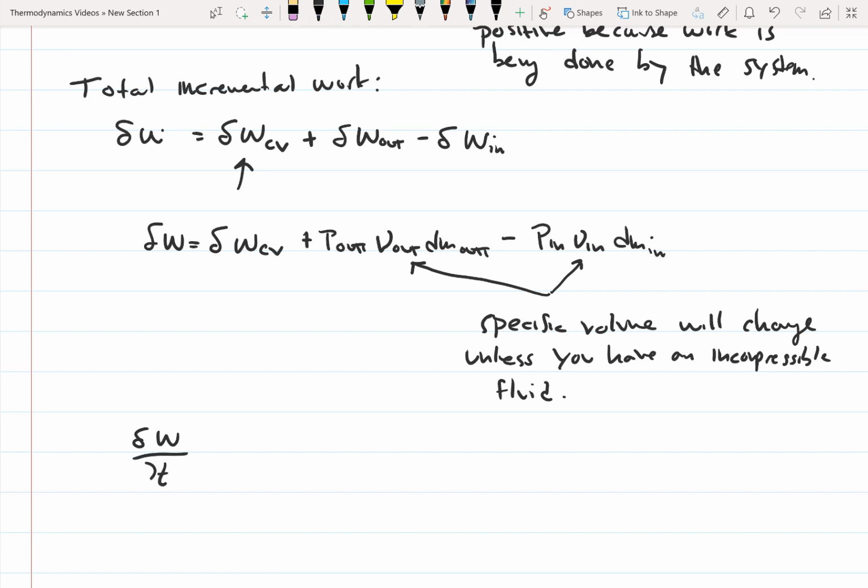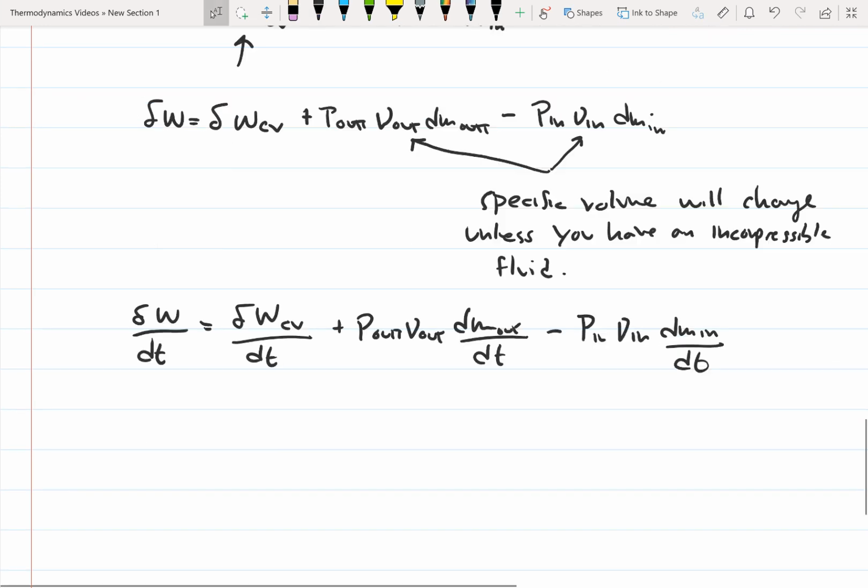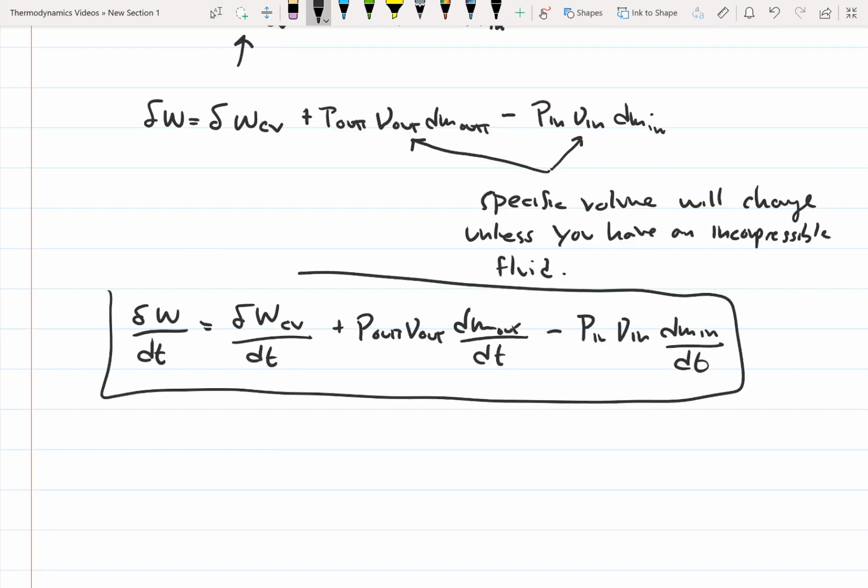So the change in work with time is equal to the change in other work with time, plus P out V out dm out dt minus P in V in dm in dt. Alright, so this is our equation for work.